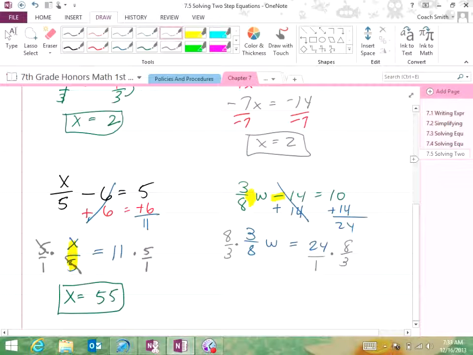When you do that, these cancel out, the 8s and the 3s, leaving me with W. Over here, 3 goes into 3 once, 3 goes into 24 8 times. So that would give me 8 times 8, which is 64.